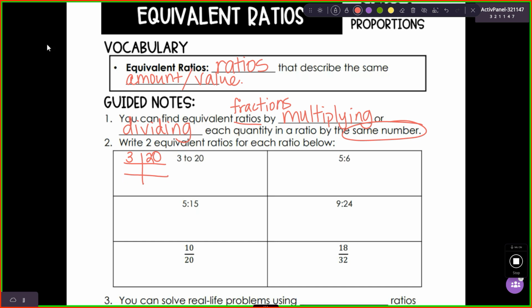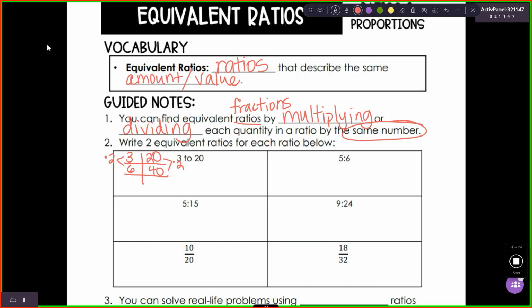So it needs 2 more. Are you ready? What do I need to do to the numerator and the denominator? What do y'all want to do? Multiply it by 2. You could do 10, you could do 100, you could do whatever number to infinity, but I'm asking you to keep it small because it makes it easier. Okay, and remember we use a dot in 6th grade to represent multiplication. 3 times 2 is 6. 20 times 2 is 40.